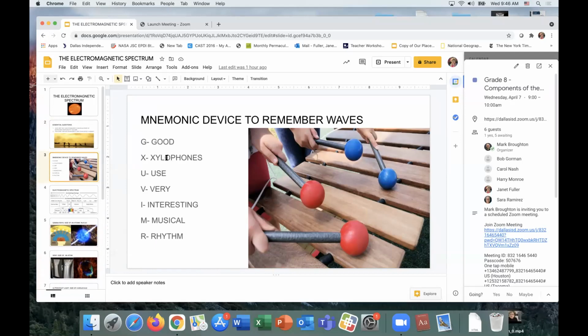This is an easy mnemonic device to remember, and it's gamma rays, X-rays, ultraviolet rays, visible light, infrared, microwave, and then finally radio. So if you have any questions about the electromagnetic spectrum, Mr. Gorman will be more than happy to answer those for you. Have a good day.